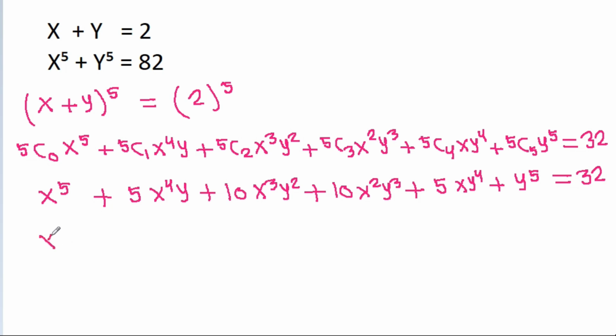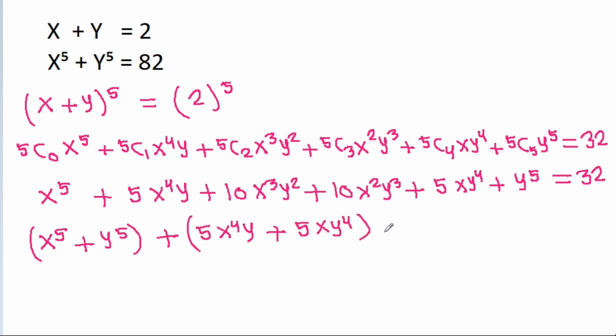and it is x power 5 plus y power 5 plus 5x power 4 y plus 5xy power 4 plus 10x cube y square plus 10x square y cube is equal to 32.